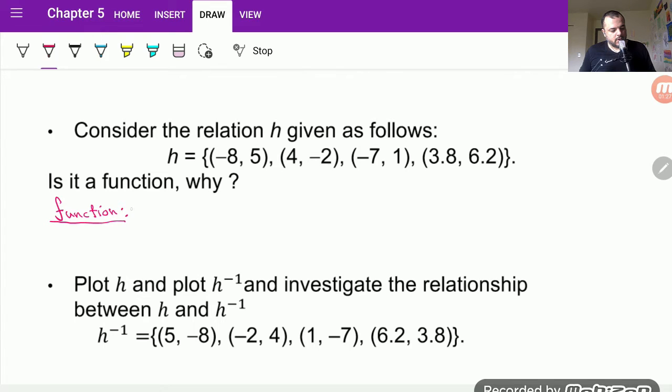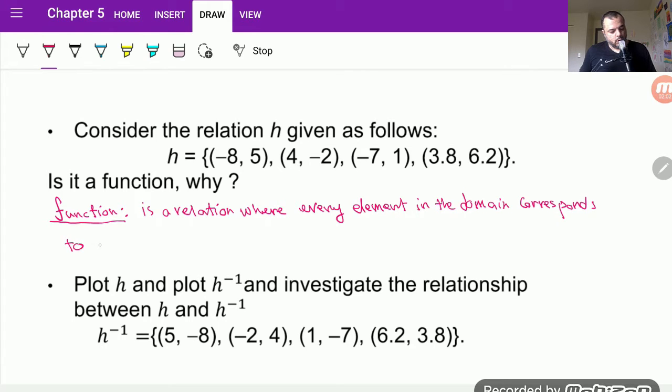The function is a relation where every element in the domain corresponds to only one element in the range.